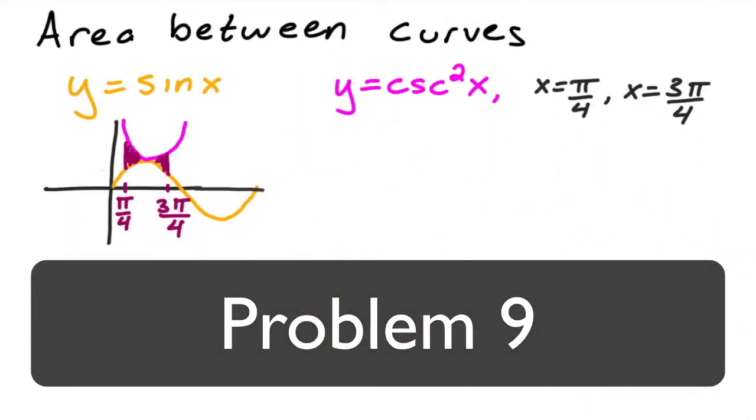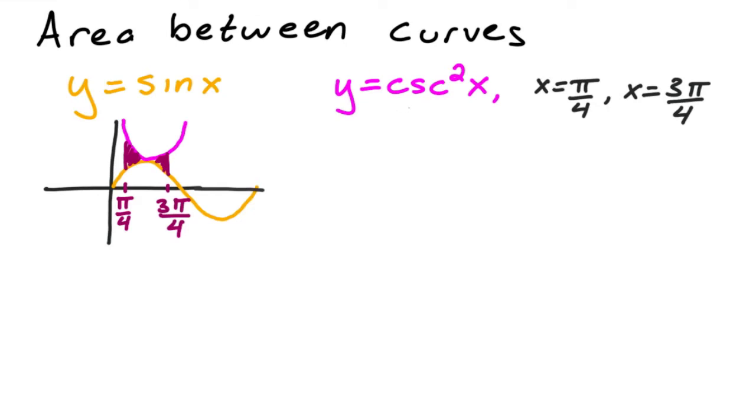Okay, so here we have the area between sine of x and cosecant squared x between pi over 4 and 3 pi over 4. So we have our picture here. And notice that they intersect, but they only touch right there. So I don't really need to find the intersection points.